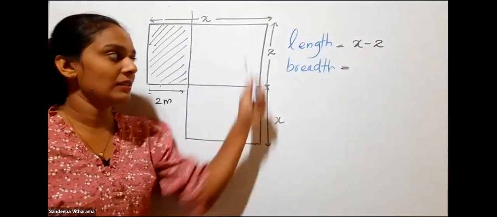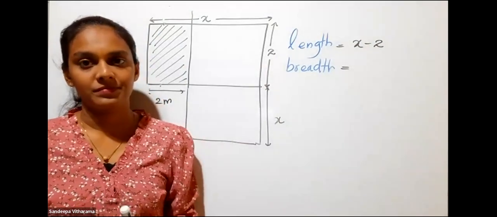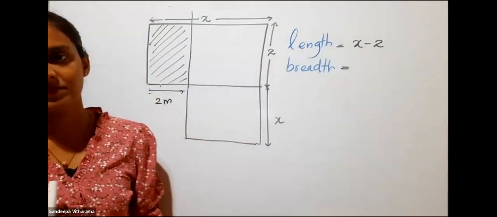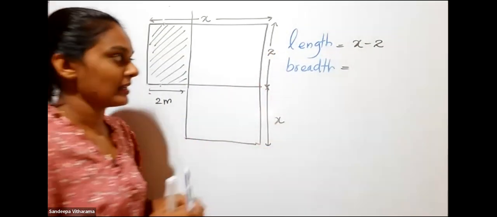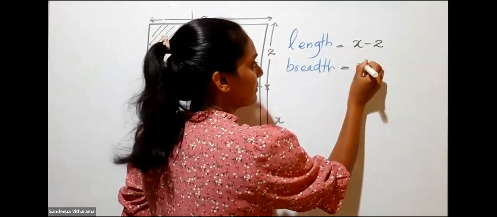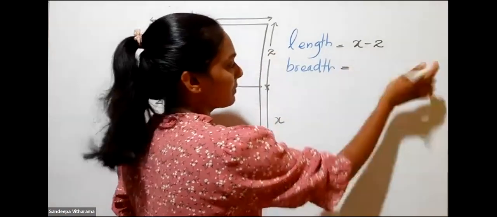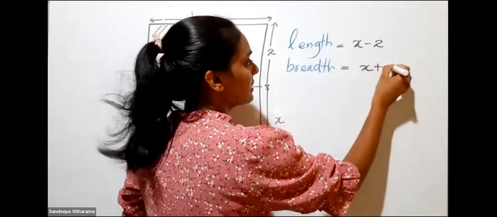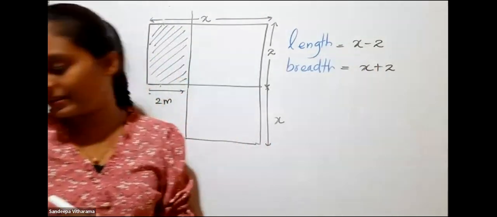Then what is the new breadth? x plus 2, or 2 plus x. I will write x plus 2. Okay, it doesn't matter. x minus 2, x plus 2.